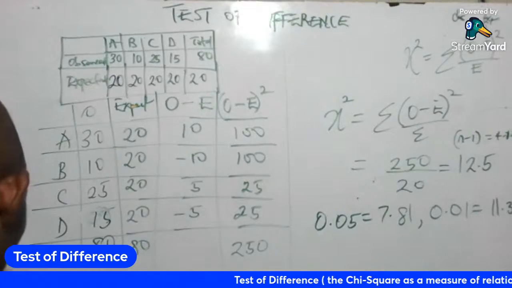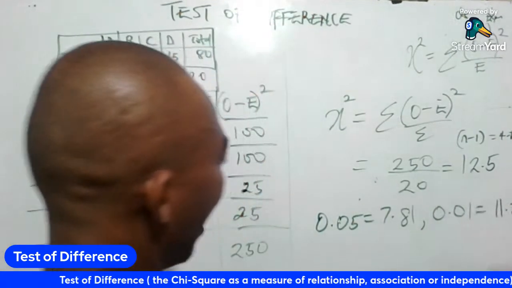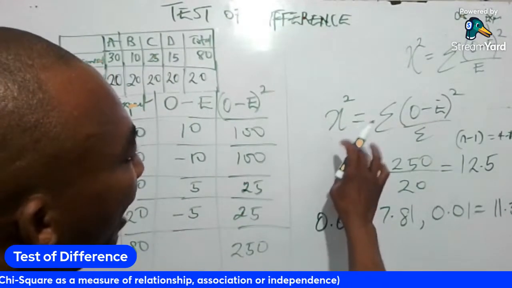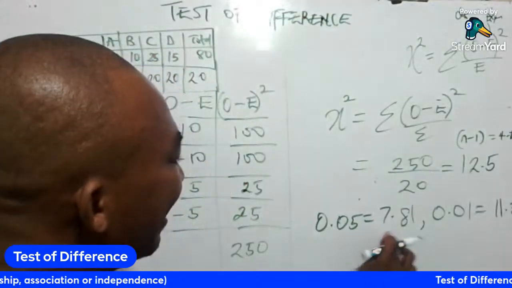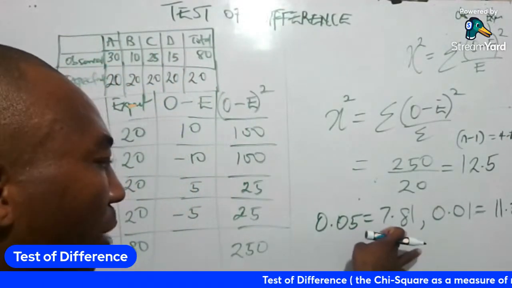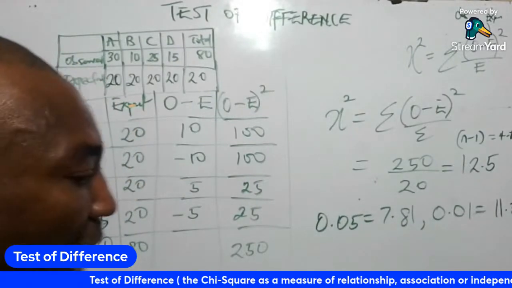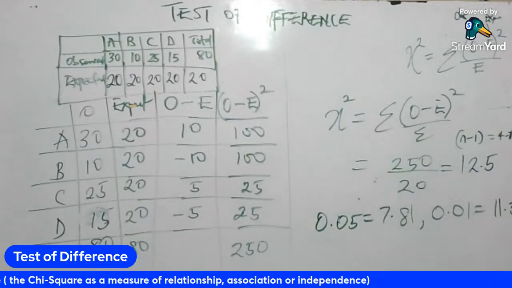So when we look at this now, compare these two together. You see that the calculated value, which is 12.5, is greater than the critical value, which we normally call the table value. So what is our conclusion on this?